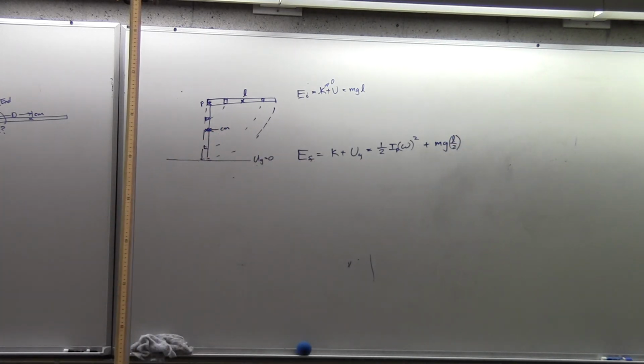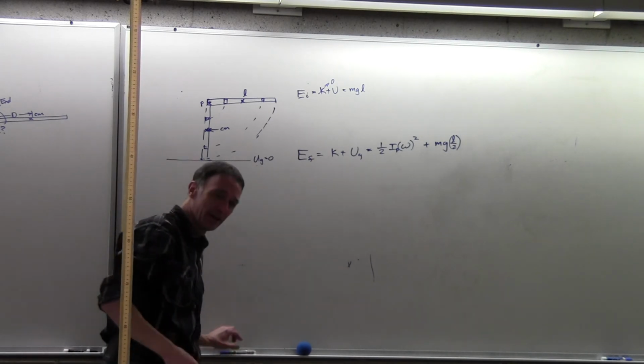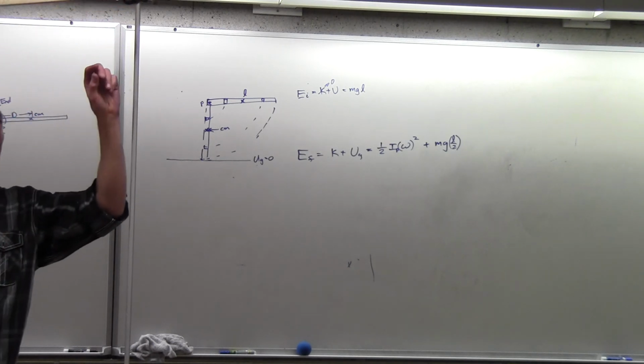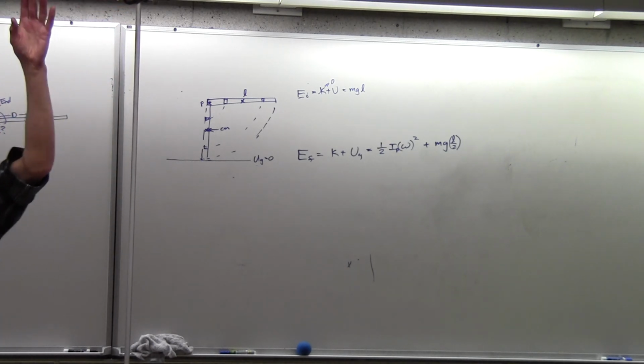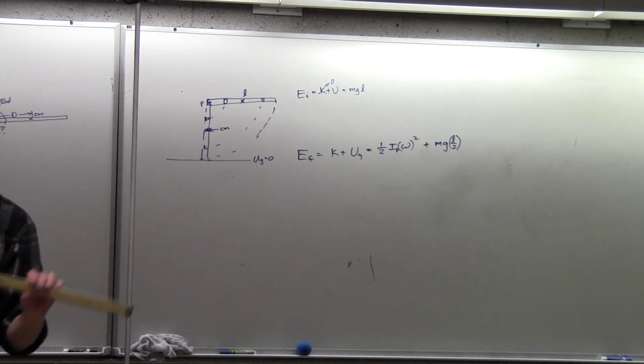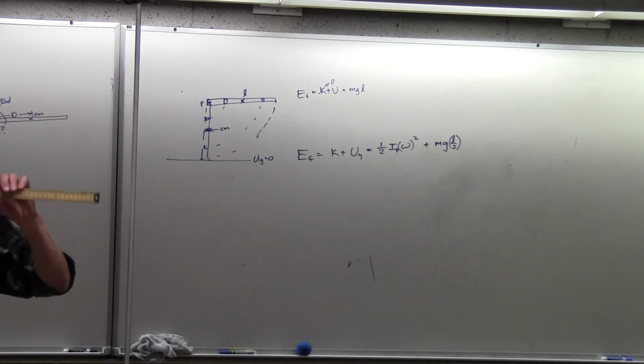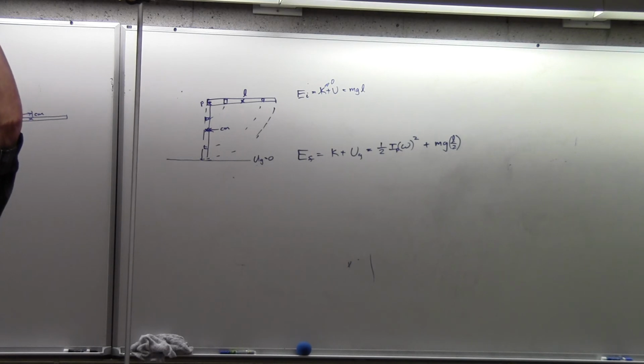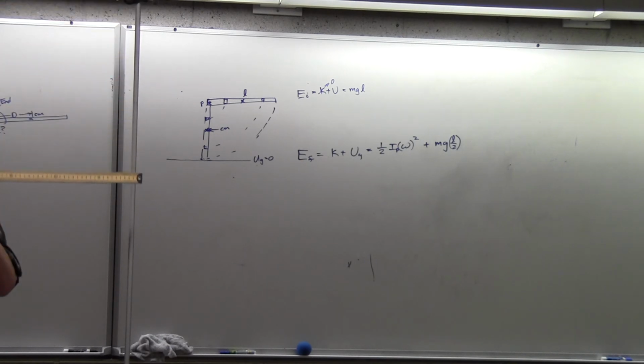Now, if you want, I can give you kind of an imaginary argument here. With energy, it doesn't matter what path we take through space, whether we swing or whether we pick this thing up. If I pick this thing up, its potential energy is right here, at the center, and I could lower it to here. So I've dropped its potential energy by a height of L/2.